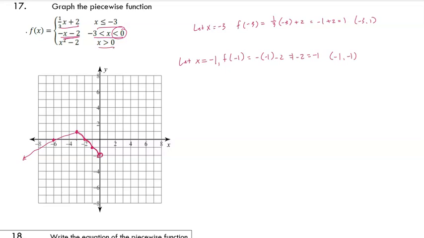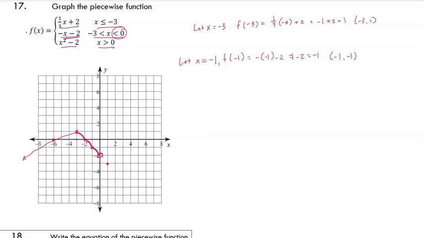And then for x greater than 0, it's this parabola. So let's just sketch that parabola. It went down 2, it's going to start there. Down 1 to the right 1. There is the parabola here. Down 1 to the right 1, down 2 to the right 4.